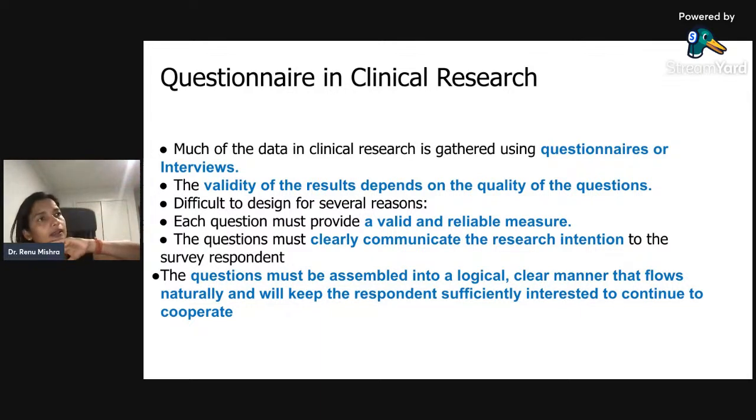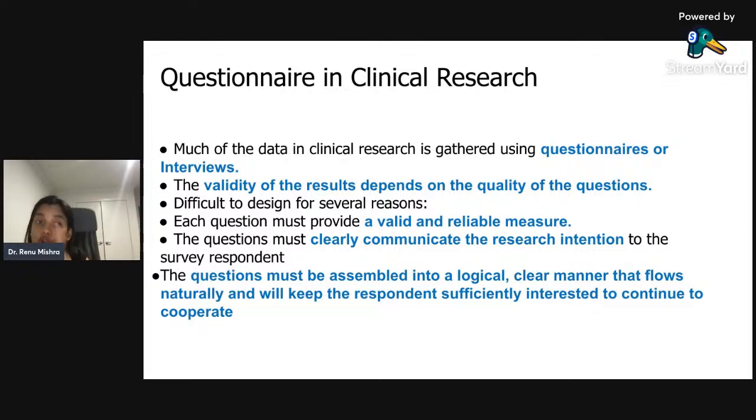If you are sending a questionnaire to any respondent, in my personal opinion, which I also suggest to my students, your questionnaire should appear to me like a story. I should get interested in attempting it and should not get bored. I hope you're getting my point. Because if I am not interested, I might give you incomplete or false information.